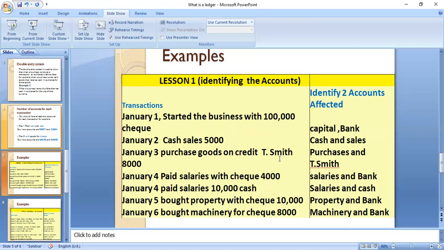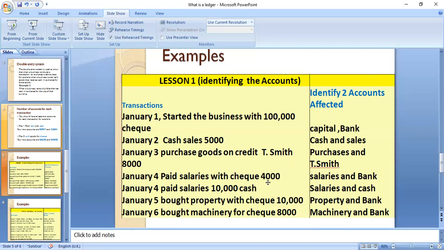The reason why we are using the name of T Smith is because he's a creditor. We purchased some goods from him. We didn't pay him in cash or by check. So we have to have an account for him so that when we clear off his account, we can have a record of that.